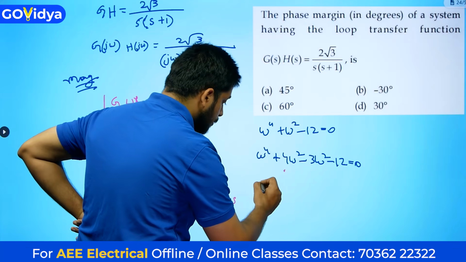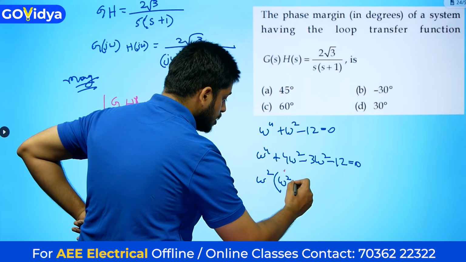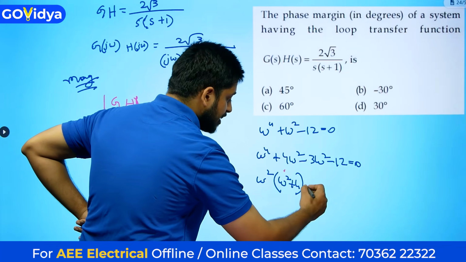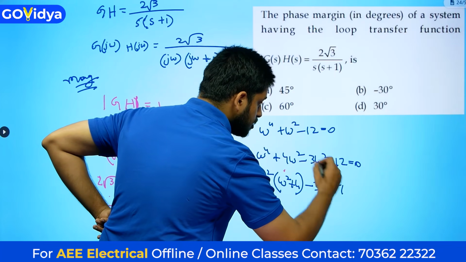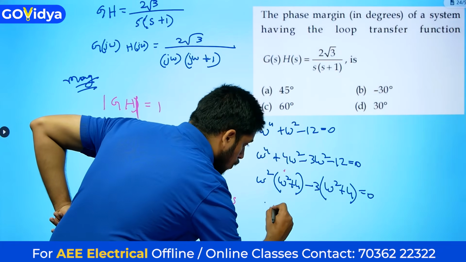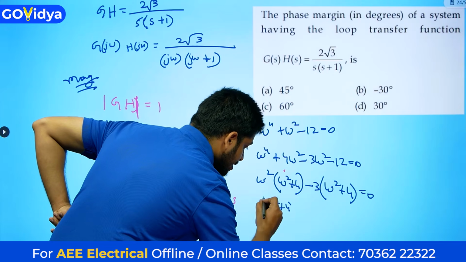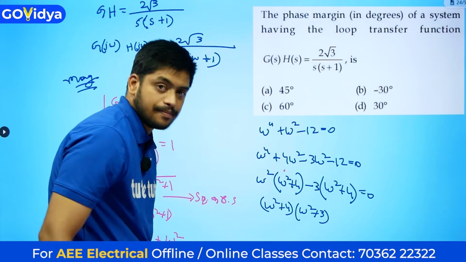So from this I'll take common omega square. Then I get omega square plus 4. From the other two I'll take common omega minus 3. Then I'll get omega square plus 4, 3 fours are 12, which will be omega square plus 4 into omega square minus 3.